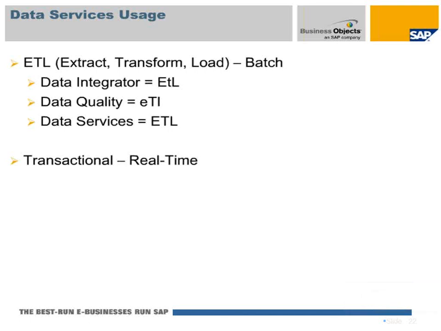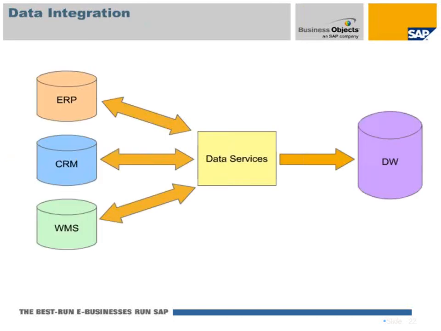Or you could say, the moment there is a change on that SAP system, it should automatically trigger off. So you could use real-time jobs as well. Okay. It's able to accommodate both.